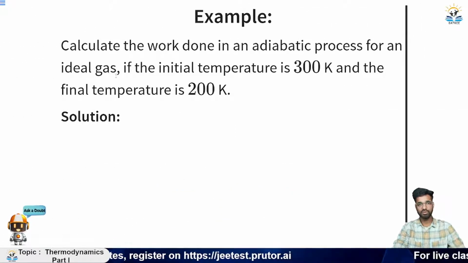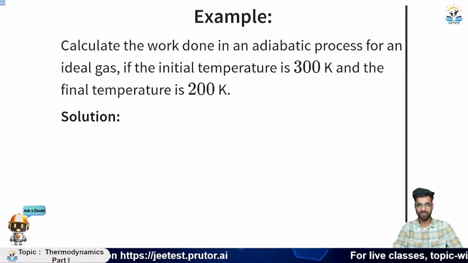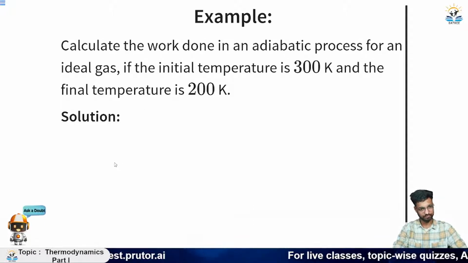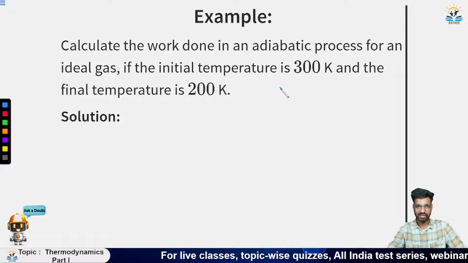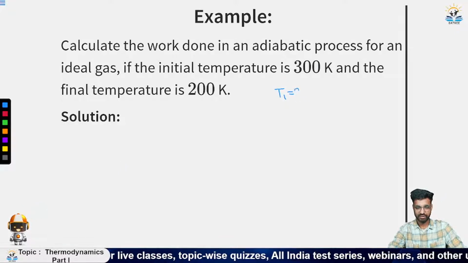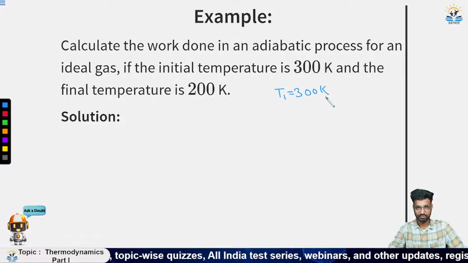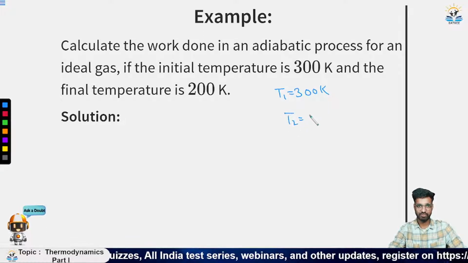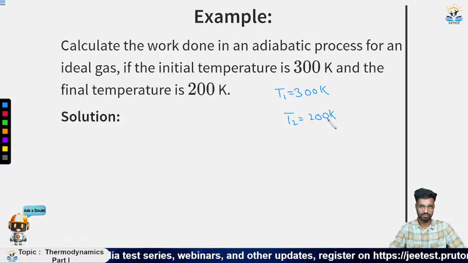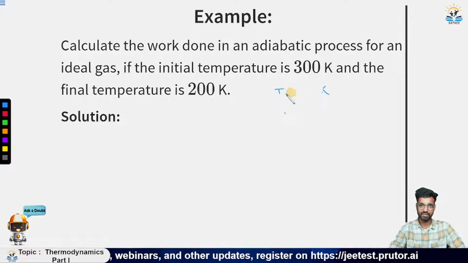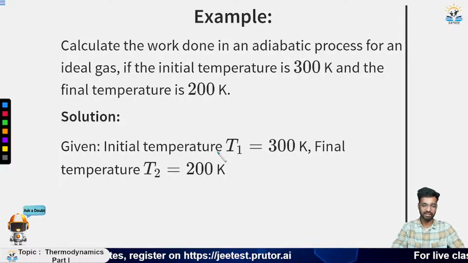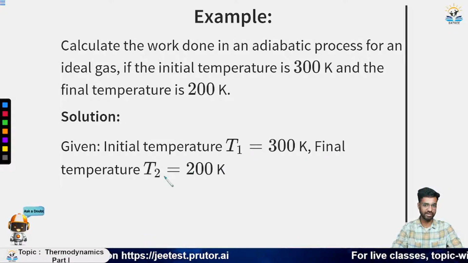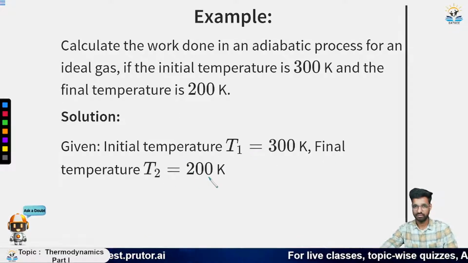So let us now do a question to calculate the work done in an adiabatic process. It is given that the initial temperature T1 is 300 Kelvin and the final temperature T2 is 200 Kelvin. So first we write the given: T1 is equal to 300 Kelvin and T2 is equal to 200 Kelvin.